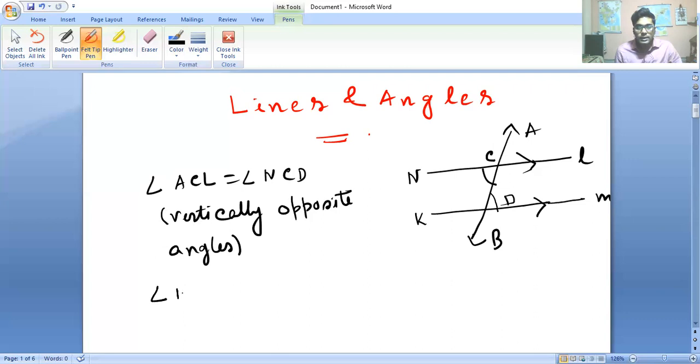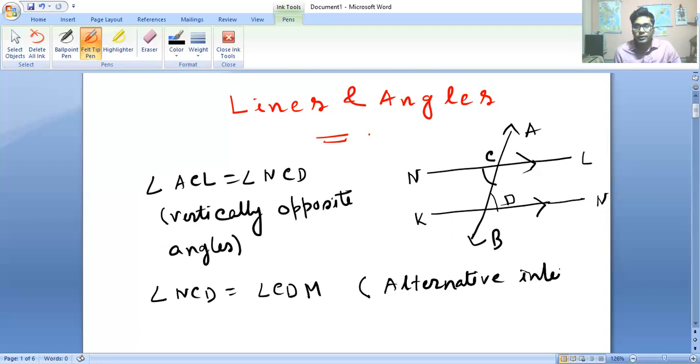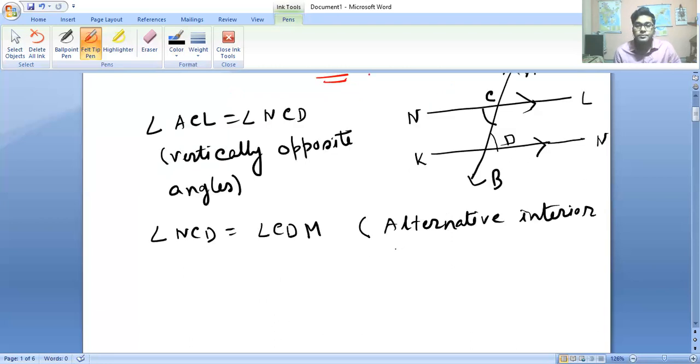So angle NCD will be equal to angle CDM. Okay. And these are called alternate interior angles. Fine.